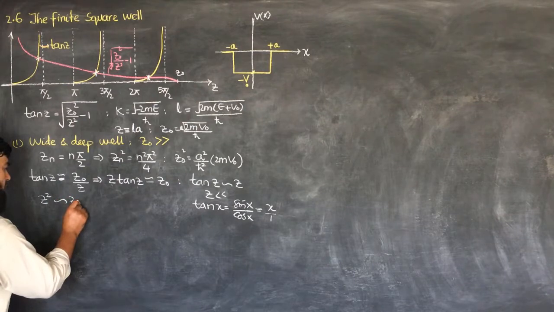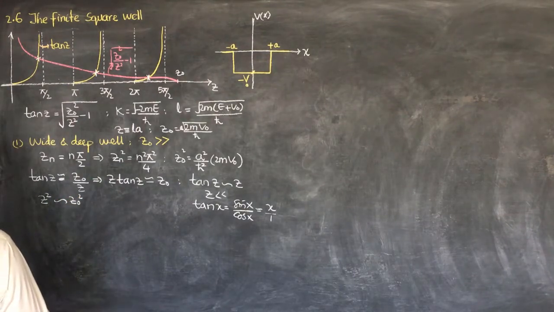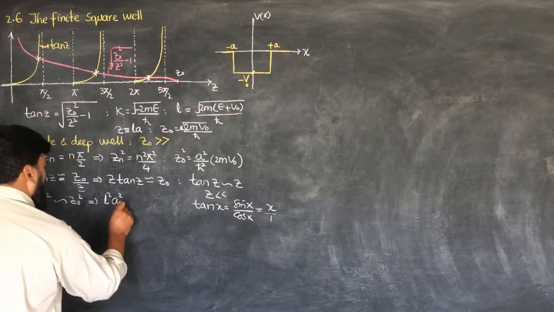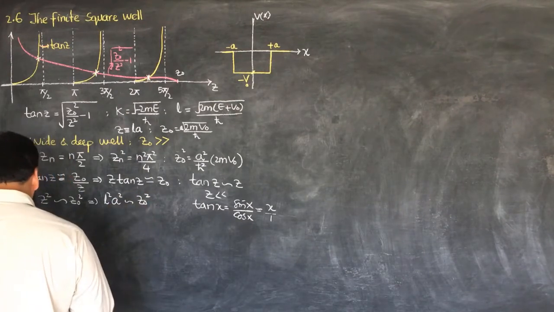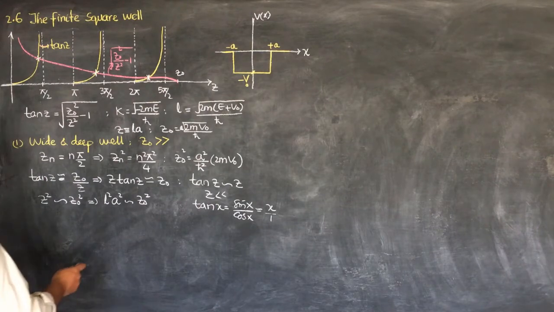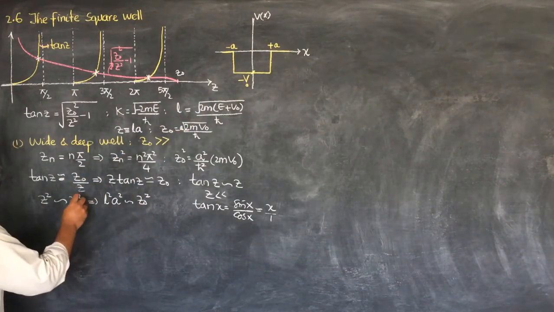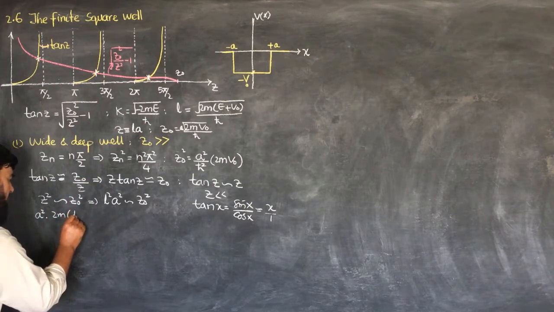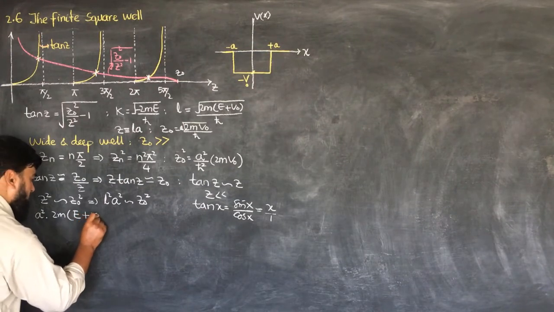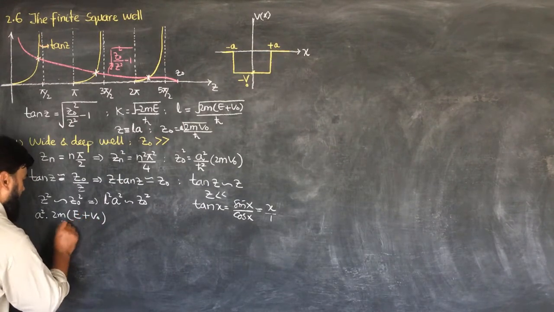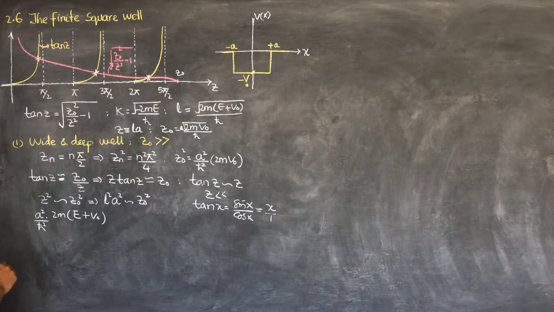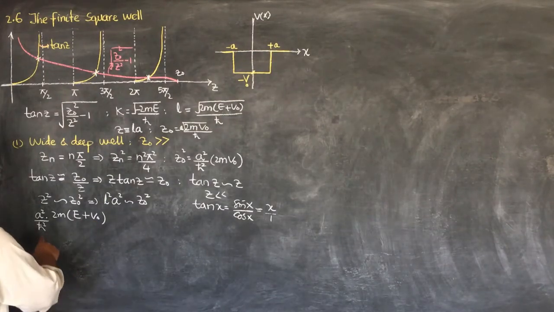So z squared is approximately z naught squared, and for L squared I can put in the value. It is a squared, and then L squared I can write as 2m times E plus V naught over h bar squared.